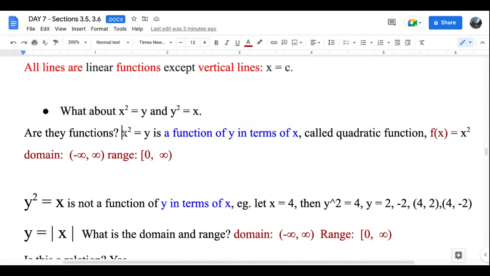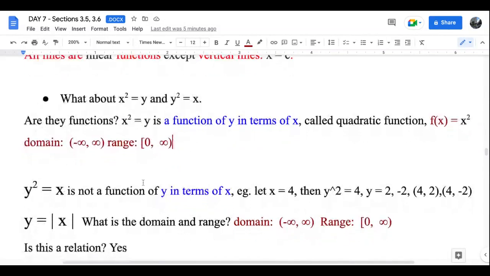The range, because it is a square: what can y be in this case? The smallest value is 0, because 0 squared is 0. A negative number squared is still positive. So the range goes from 0 up to positive infinity. So this is a function.